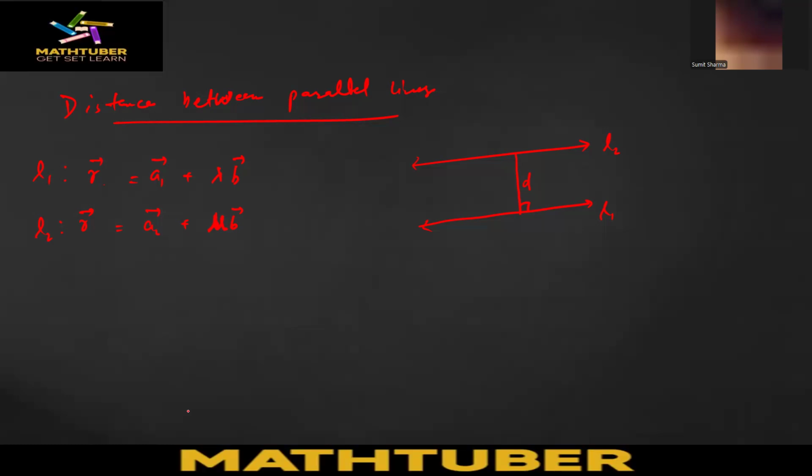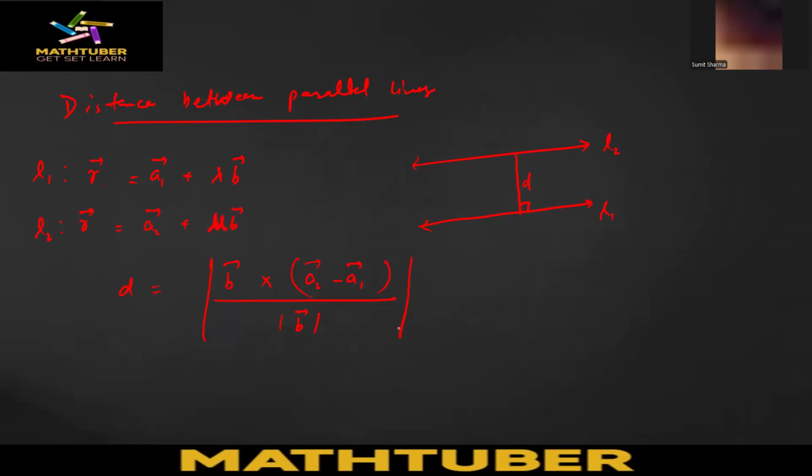So we can find out the value of d, which is the distance between these two. B vector is a common vector here. So d equals b vector cross a2 minus a1 vector, divided by the magnitude of b vector. So this will be the formula, right?